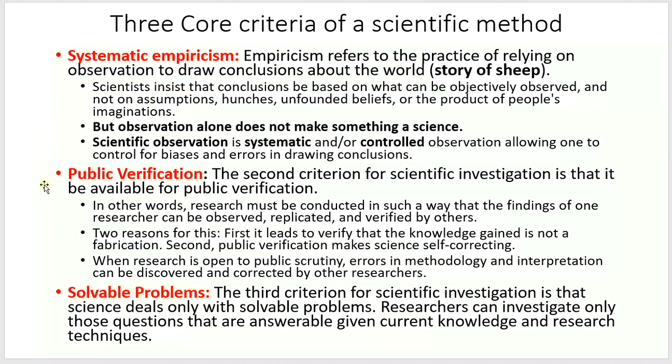If we cannot spell out the methodology in such a way that others can replicate, observe, and verify what is being observed by us, then that method will not be a scientific method. In other words, research must be conducted in such a way that the findings of one researcher can be observed, replicated, and verified by others.